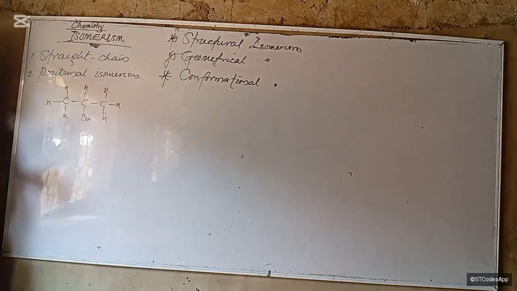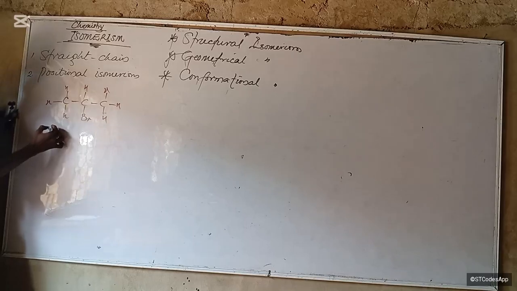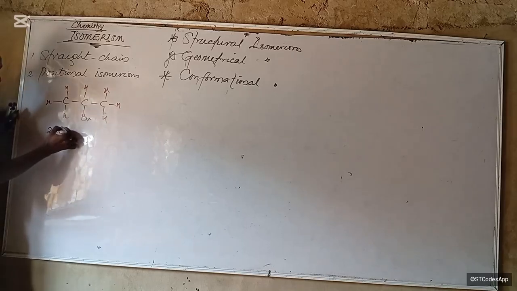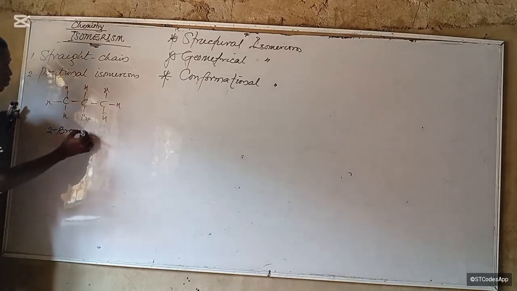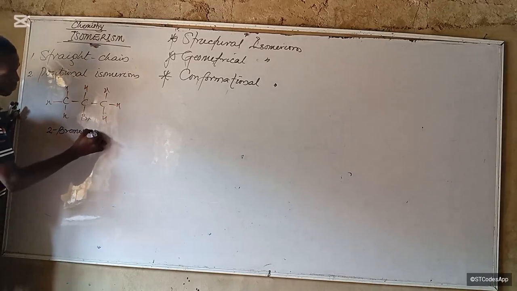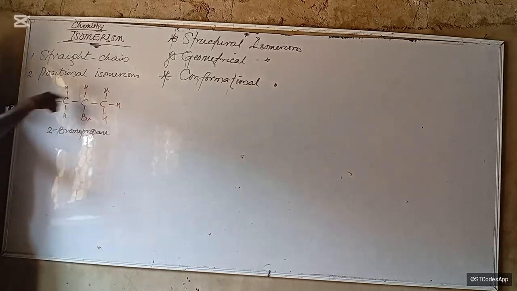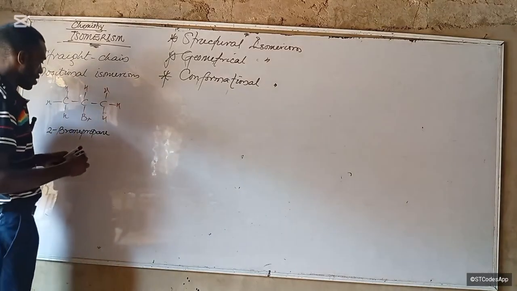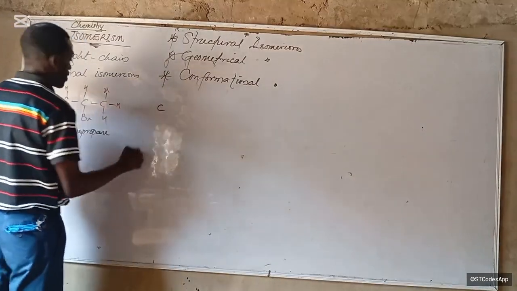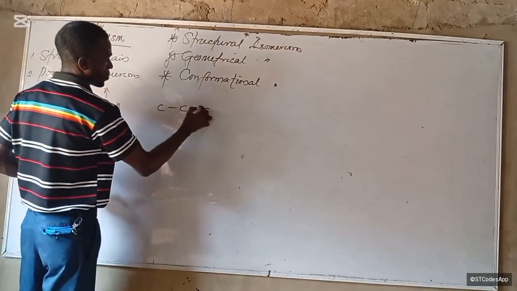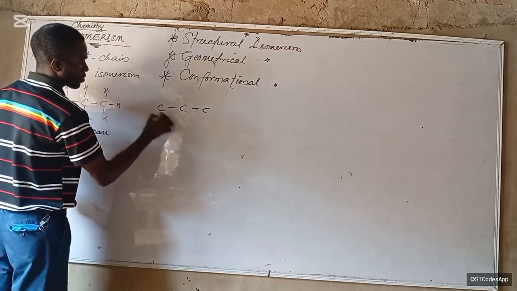What's this? This is what? 2-bromopropane. Now, by the time I move it here, look at this one now. I move it to the first carbon.